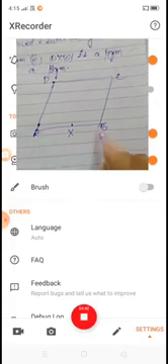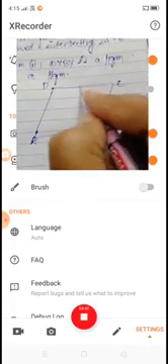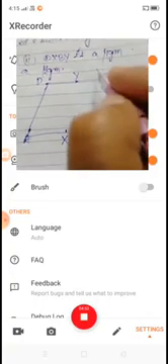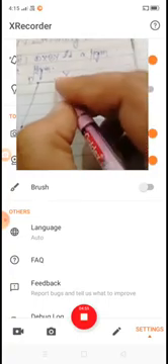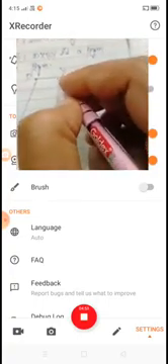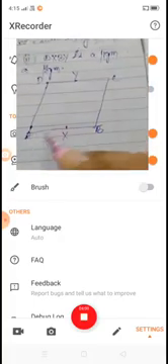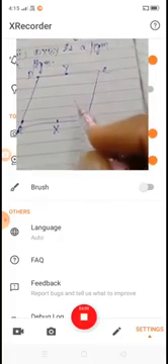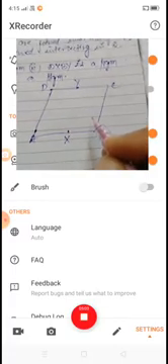X is the midpoint of AB and Y is the midpoint of CD, of a parallelogram ABCD. ABCD is a parallelogram.